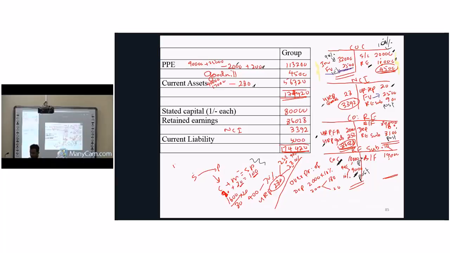I think it is better to do this again on this slide. Easy for me. This is the cost of control account.